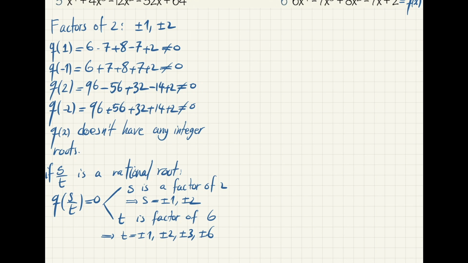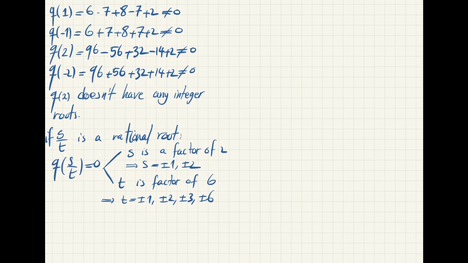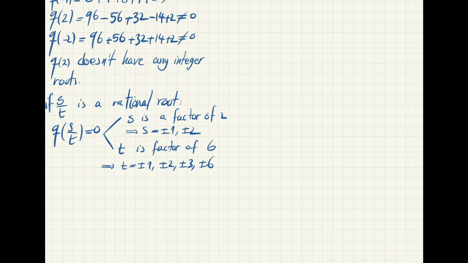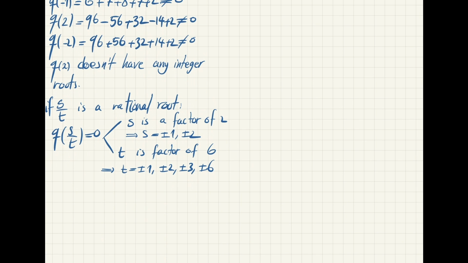Now, if this is the case, then I need to check s over t. So what happens for s over t? s has these possible numbers and t are these numbers. If I divide s by this t, I will not get something new.